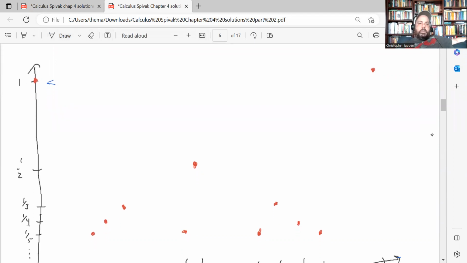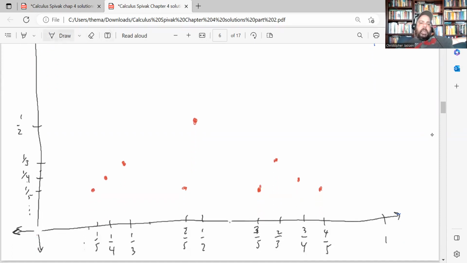Oh, here you go. So here, the height at 1 is 1, the height at 0 is 1. And then for other values, for example, when x is 1/2, the denominator is 2. So that one takes on a height of 1/2.